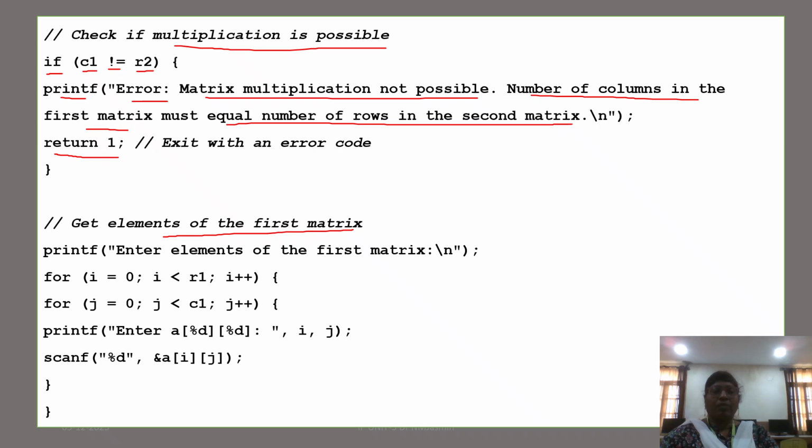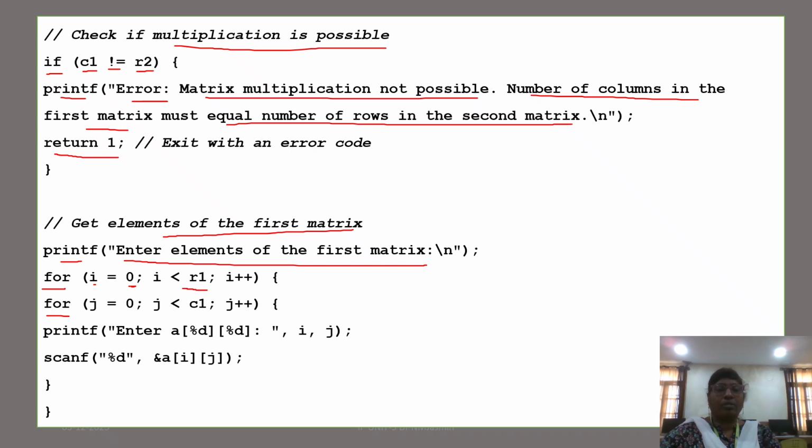Now enter elements of the first matrix. Prompt the user with printf, enter elements of the first matrix. Got it? Now here you see the for loop for the ith row and the for loop for the jth column. i starts from 0 and must be less than R1, the row of the first matrix.